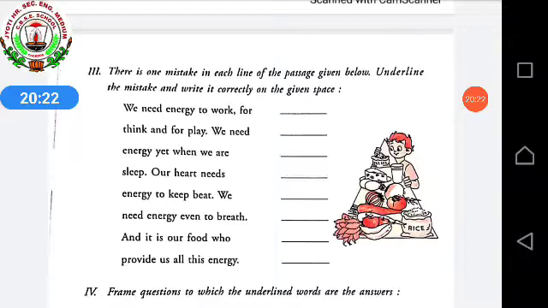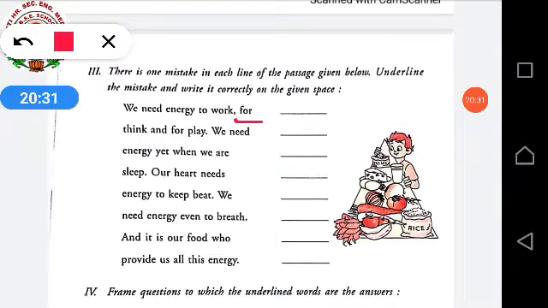So let's start. We need energy to work for. So what is the wrong one over here? The wrong one is for. Underline for and in the given space write down to.